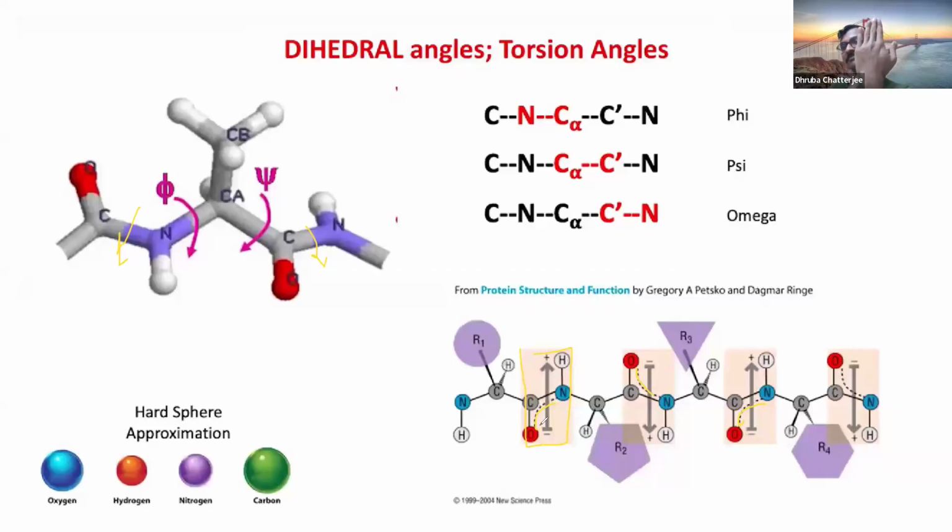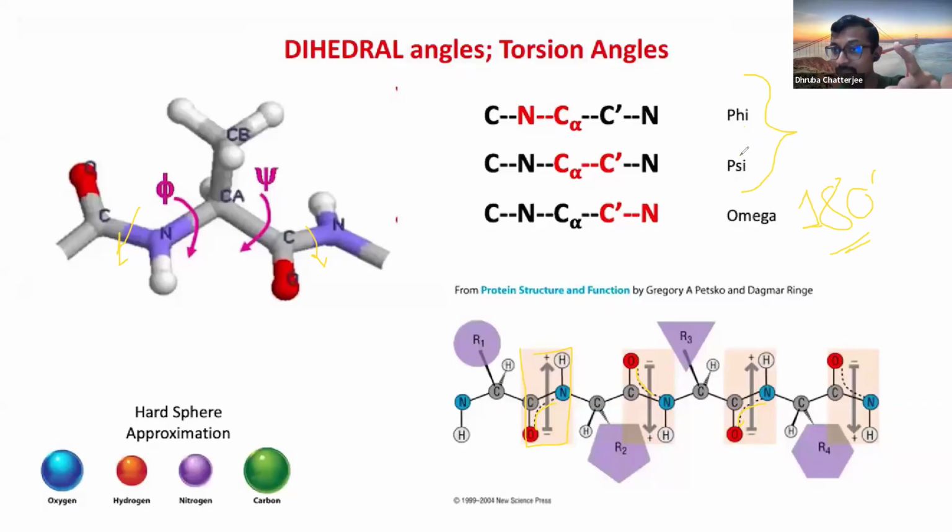It's almost a single plane, which means that this omega angle is strictly 180 degrees. It's strictly constant, strictly planar. Its omega doesn't change. So only phi and psi can change. These two bonds which join these two planes are allowed to rotate.